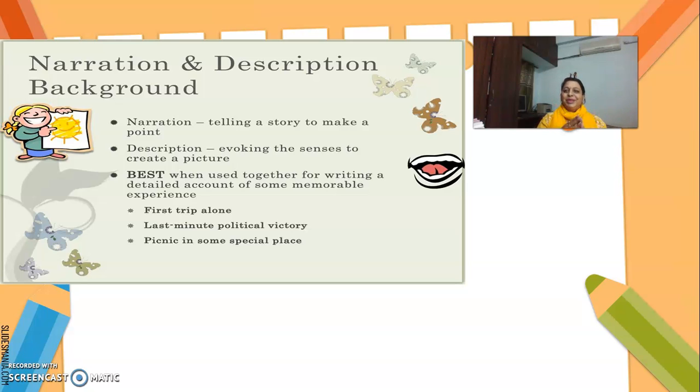You are able to create a beautiful picture for anyone to read, and you will get your grade. Your teacher will be happy, and you will be happy that yes, oh, it's I who's written this. So keep these tips in mind, and you will have a beautiful narrative and descriptive picture that you have created.